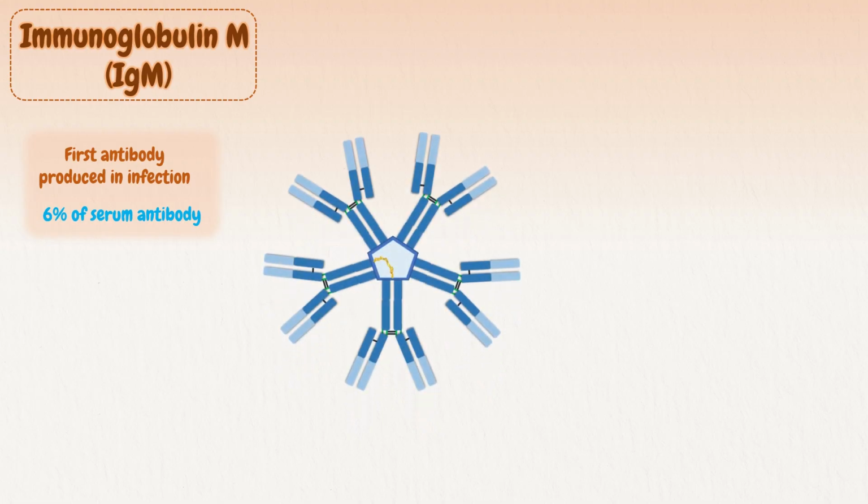IgM is the first antibody produced in response to a microbial attack by B cells. It circulates in the blood and lymph and constitutes 6% of the total antibody content in the serum. Structurally, it consists of a pentamer of 5 immunoglobulin molecules joined together by disulfide bonds, making it the largest antibody among all classes.